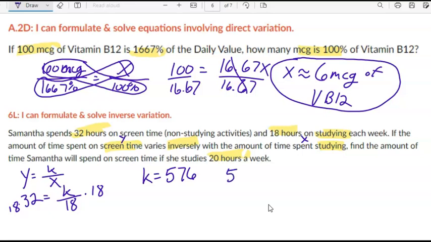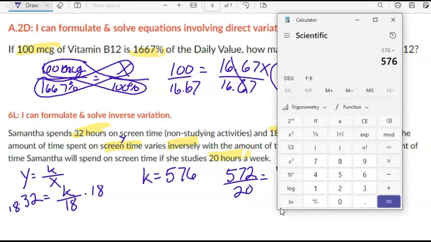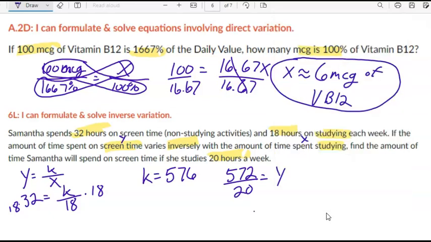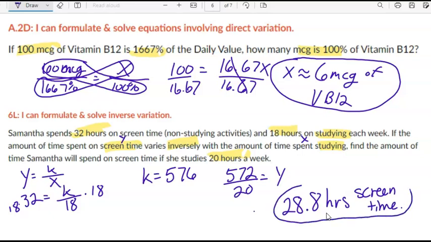So that'd be 576 divided by 20, and then we get 28.8. So 28.8 hours of screen time per week.